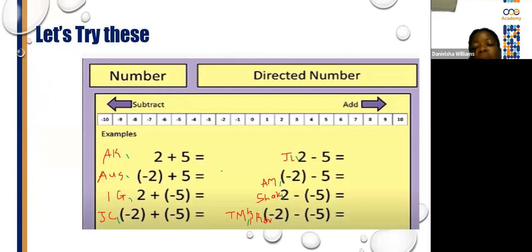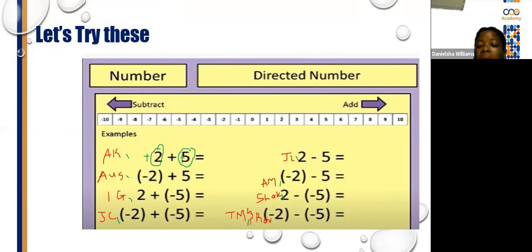Okay, so item number 1, addition of 2 and 5. These terms, remember, once you do not see any sign specifically attached to them, we take them to be positive. So this first one is a regular addition.